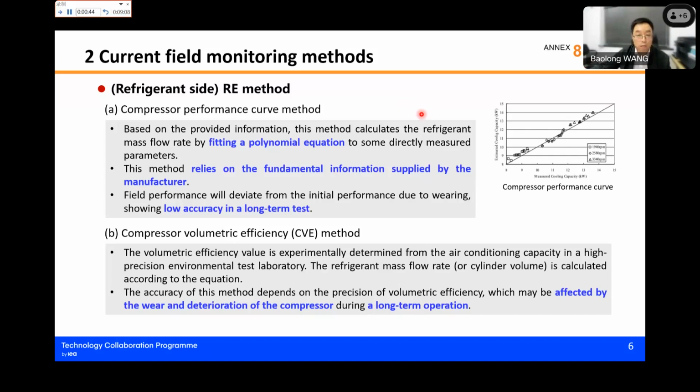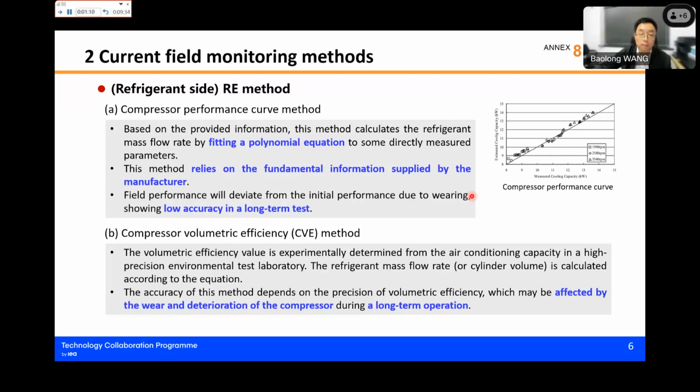So using that curve, you can calculate the mass flow rate of the system. Using that mass flow rate, and also the inlet specific enthalpy and outlet specific enthalpy of the condenser and evaporator, you can calculate the heating capacity and or the cooling capacity.